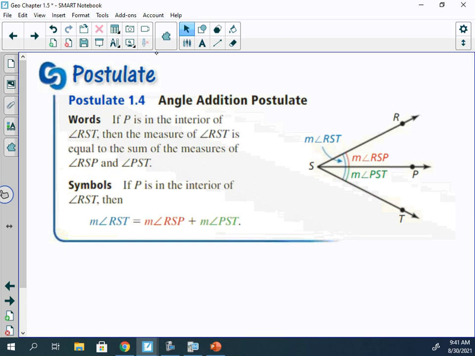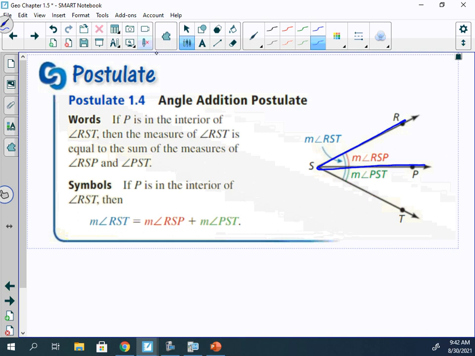If P is in the interior of RST, then the measure of RST equals the sum of the measures of RSP and PST. Okay, so if we have an angle, and point P is in the middle of the angle, well, it makes this angle and this angle here, yes?